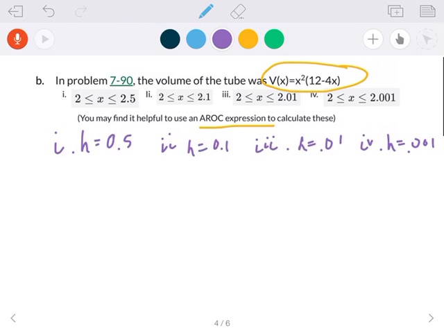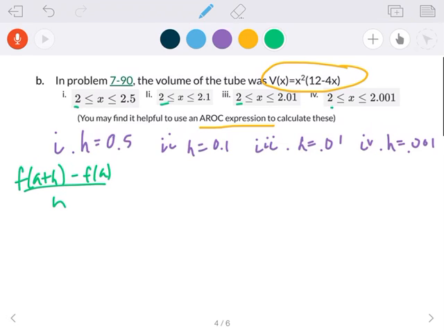And so we could, like I said, calculate 4 different slope expressions for this, but we're just going to do one slope expression using the AROC expression, which is f of a plus h minus f of a all over h. In this case, our first x value in all of these is 2.